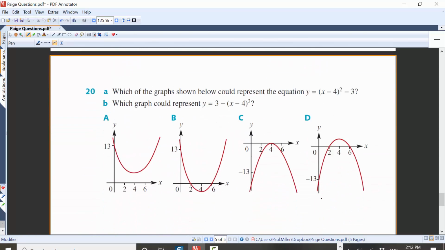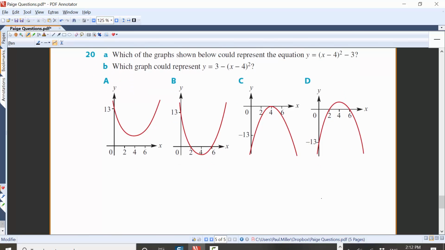All right, and I believe this is the last one here. Which of the graphs shown could represent this equation here?